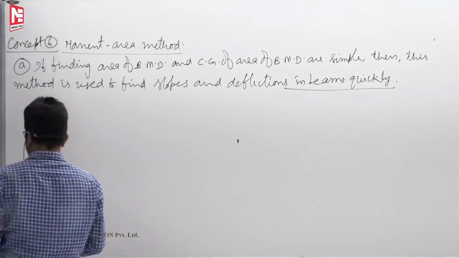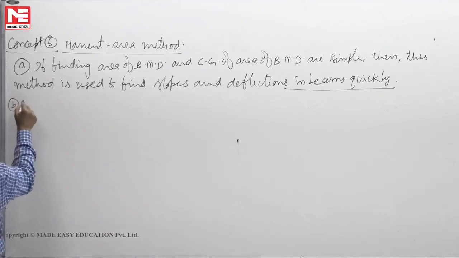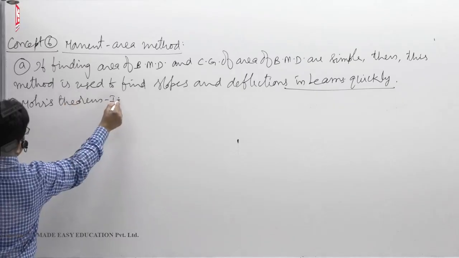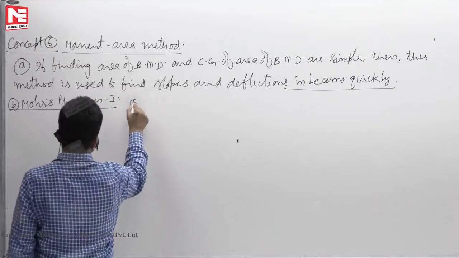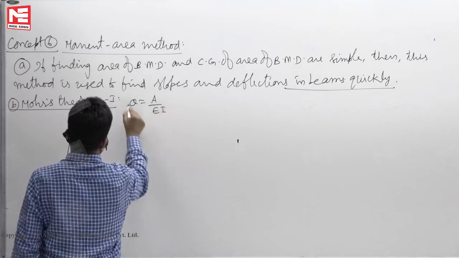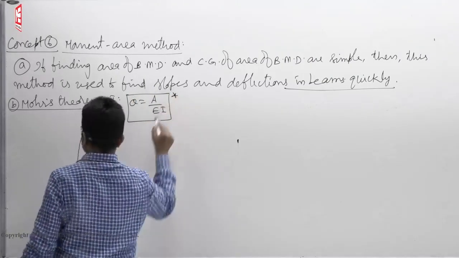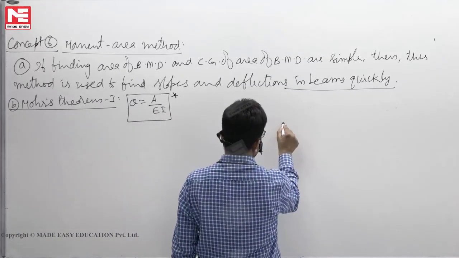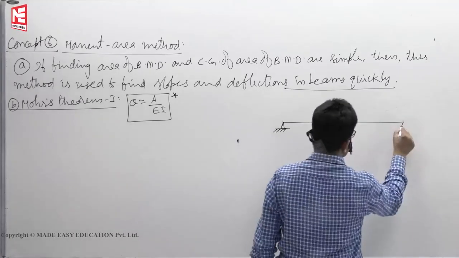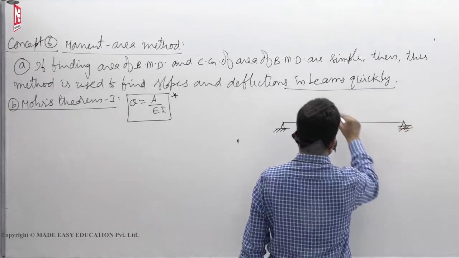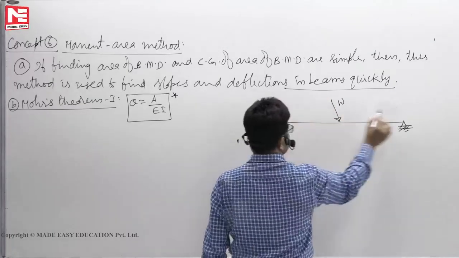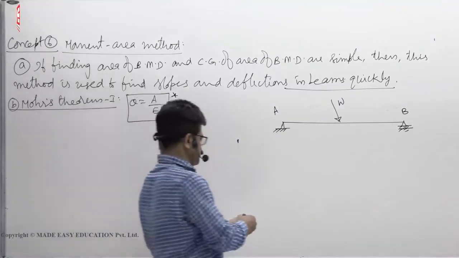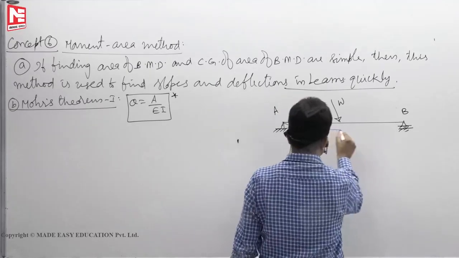Okay. Now, in that process, you have learned about Morse theorem 1. What it tells you is theta is equal to A by EI. What is that theta? Assume that we have a simply supported beam subjected to some general loading, A, B. The deflection profile of this beam is like this.